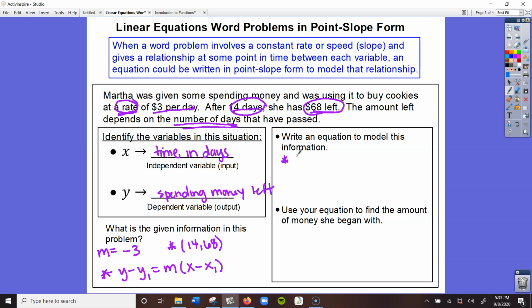When we do that, we get y minus 68 is equal to -3 times x minus 14. To get it in slope-intercept form, you only have 2 steps after this. The first one would be to distribute the slope. When we do that, we get y minus 68 is equal to -3x plus 42.